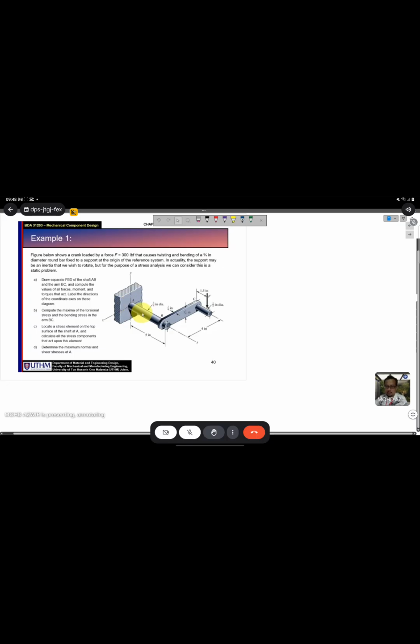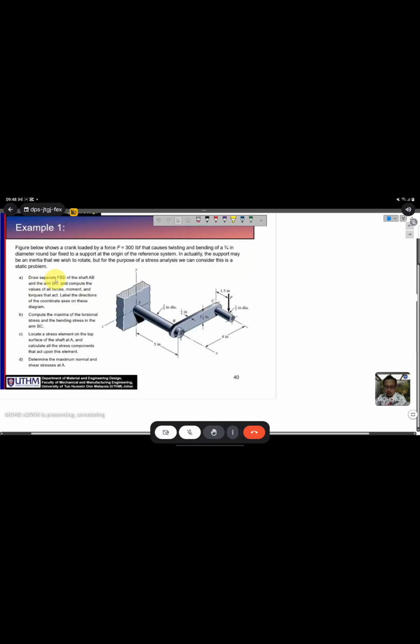Because you will get the maximum stress at point A. Okay, so draw the free body diagram of the shaft AB and the arm BC. They ask you to draw a free body diagram of AB, BC, and compute the value of all forces, moments, and torques that act. Label the direction of the coordinate axes on this diagram.